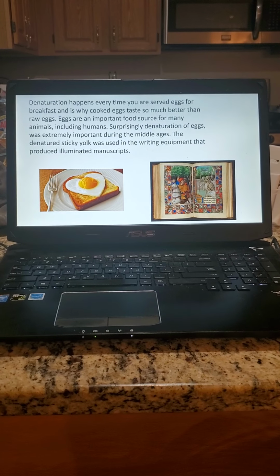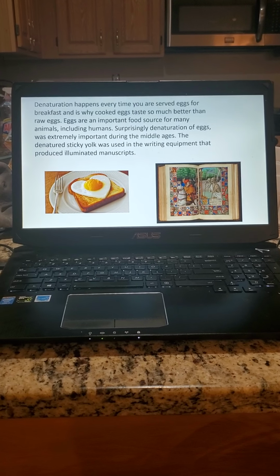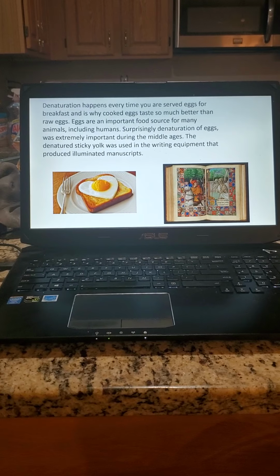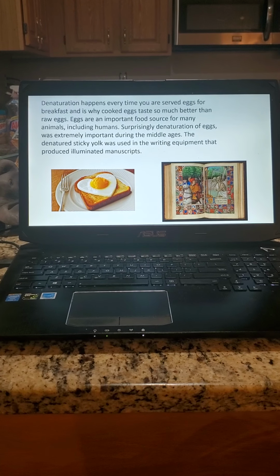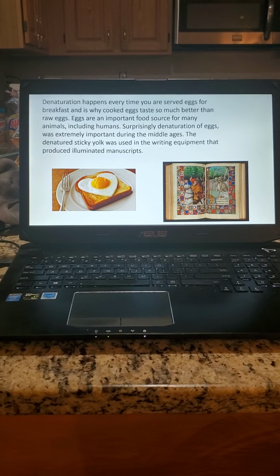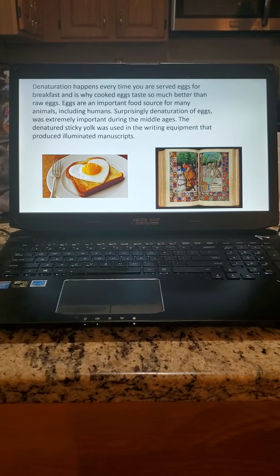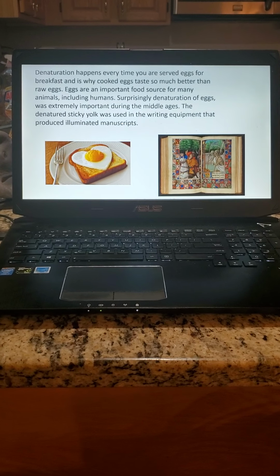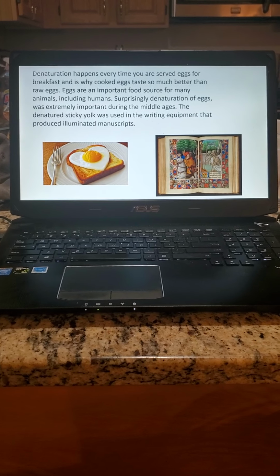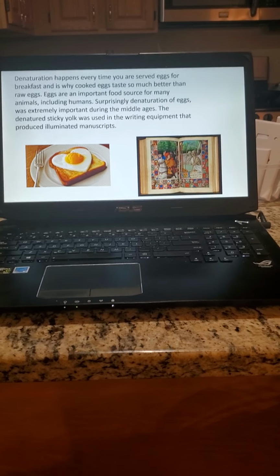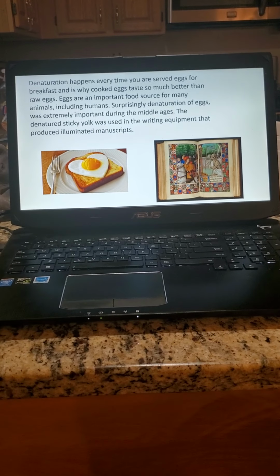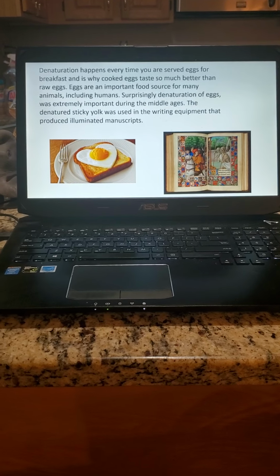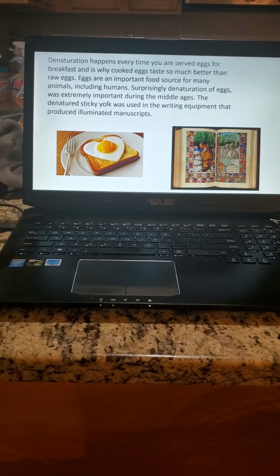This happens every time you are served eggs for breakfast, and it's why a cooked egg is way better than a raw egg. I don't know anyone that likes to eat raw eggs, and this is important because it's served as a food source for a lot of different animals and humans, and it's very tasty.